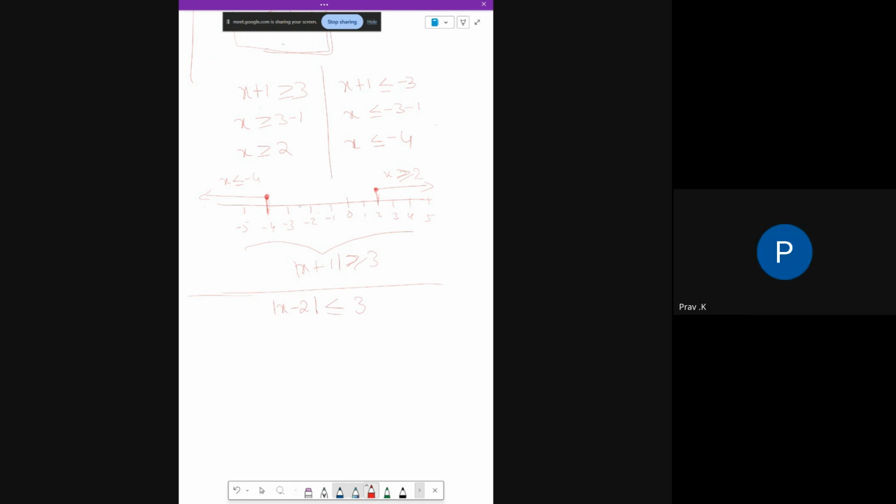So solve it first and tell me what the mathematical inequalities for x are. I'll give you 2 minutes.